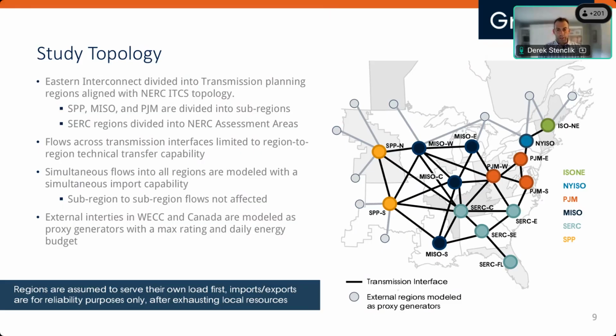So in this topology, we have flows between each region modeled, and that's the lines you see here. We also have a simultaneous import where each region has a maximum import capability, and both of those are based on transfer capability studies that were performed as part of that NERC ITCS analysis. So that's the overall topology.